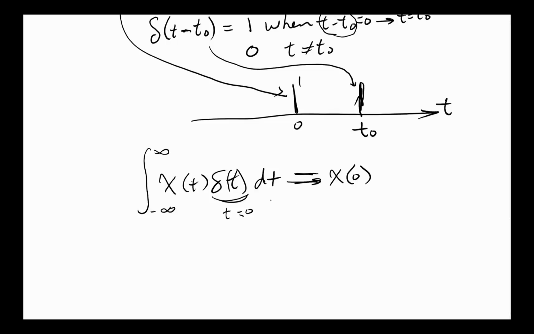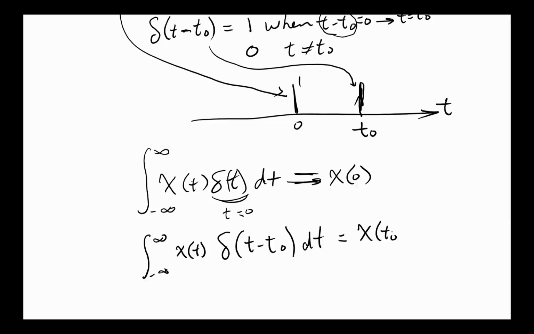So we're sampling x of t at t equal to 0. Let's say you want to sample it at another place, much like we did before. We just multiply with the impulse function at a different location, delta t minus t0 dt, and now we have the sample at whatever time we like, t0. Okay, so that's called the unit impulse for continuous time.